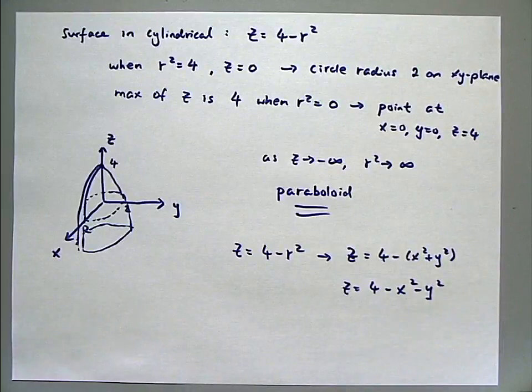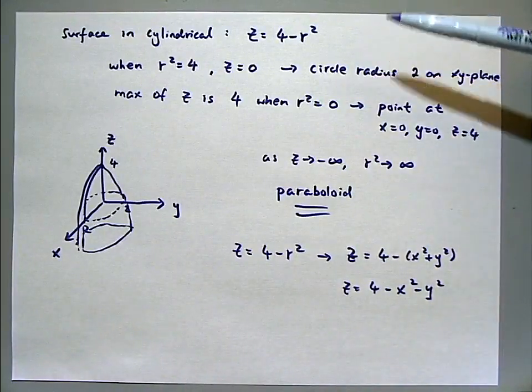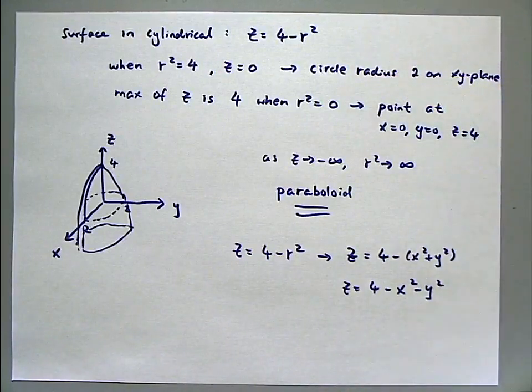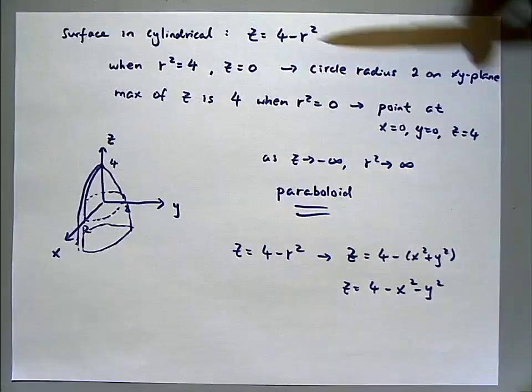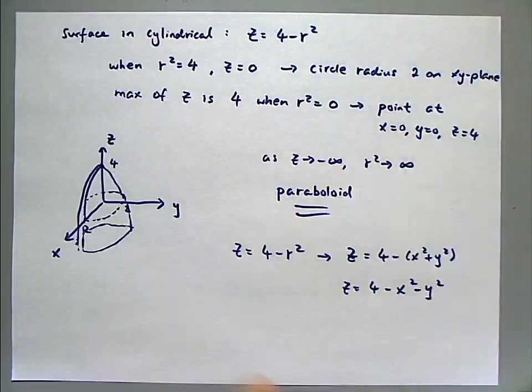So if you're used to seeing these things in Cartesian and you're presented with a polar equation or cylindrical equation, change it back to Cartesian. See if it helps. Now, if you had trouble identifying them in Cartesian, then obviously that's not going to help. But you could still come up with the surface just by looking at cross sections. The stuff that you know about surfaces, traces and all that is still valid. Choose z to be a constant, and you're looking at circles.